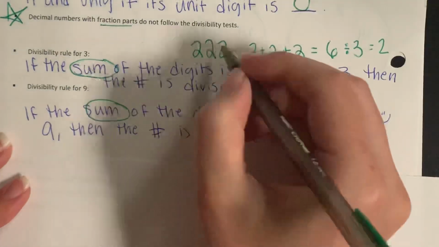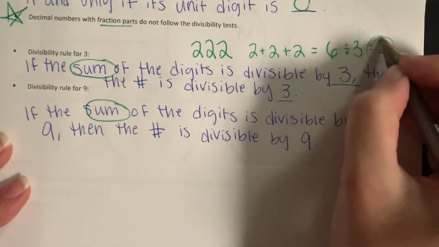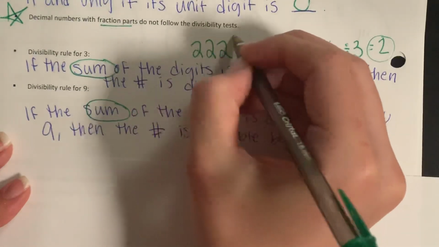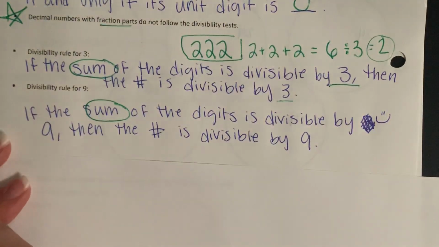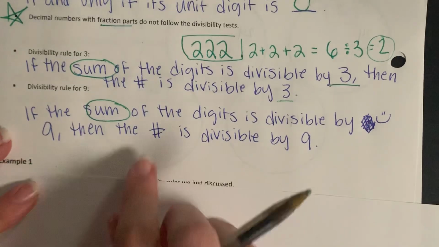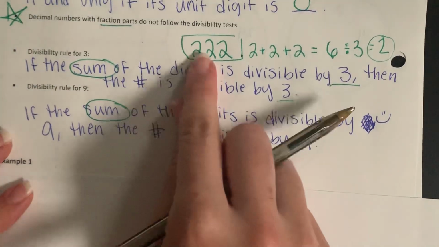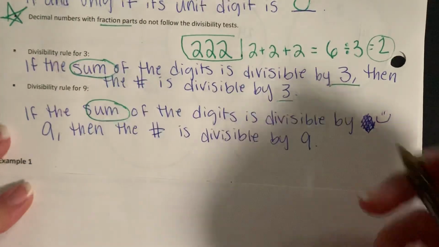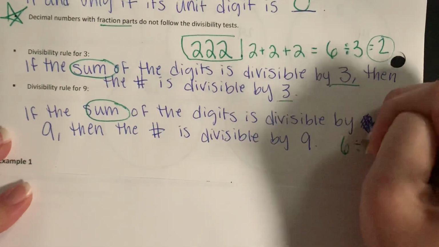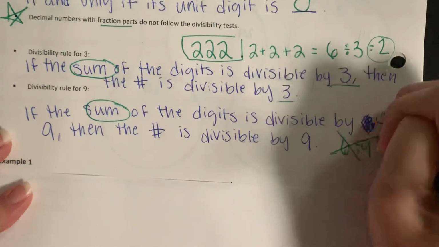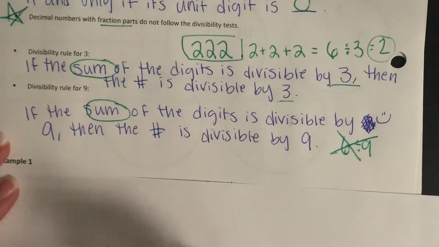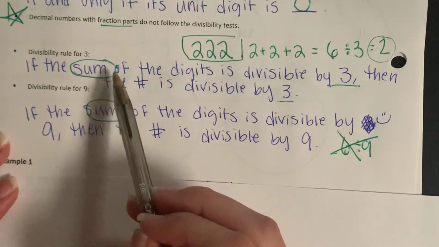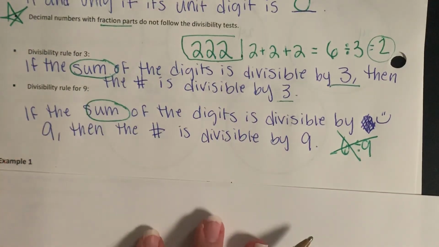So since I can get an answer here without a remainder, this whole number is divisible by 3. If I use that one down here for 9, 2 plus 2 plus 2 is 6. Can I do 6 divided by 9? No. I'll get a fraction. I'll have a remainder. So I know that 222 is divisible by 3, but not divisible by 9.